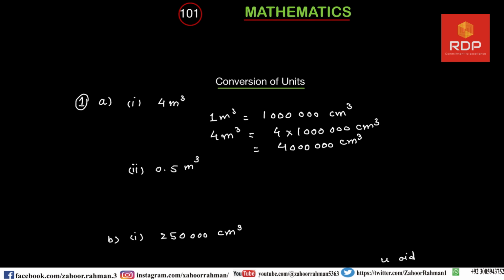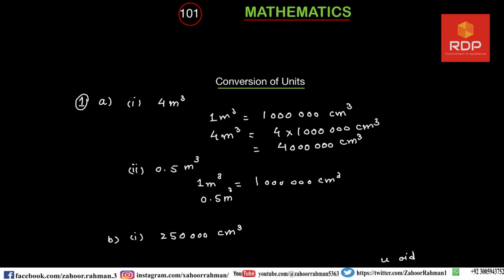The second question is saying 0.5 meter cube. So again I am writing that 1 meter cube is equal to 1 million centimeter cube. 0.5 means half.